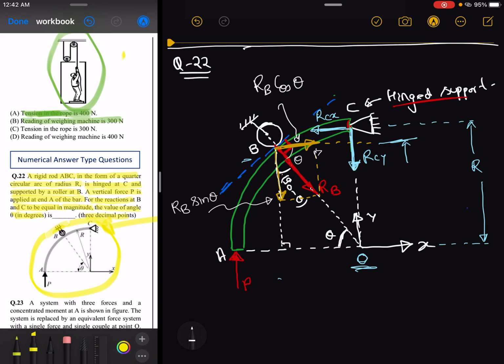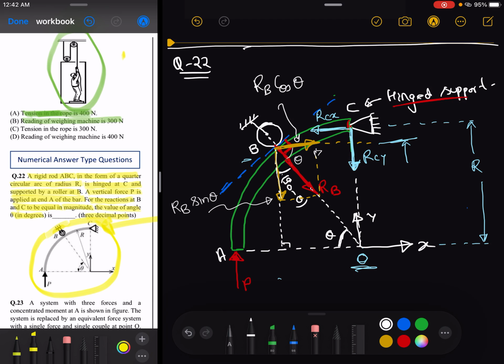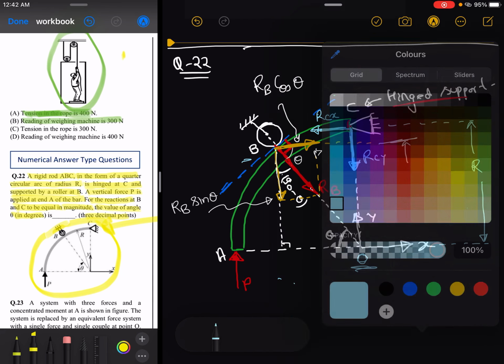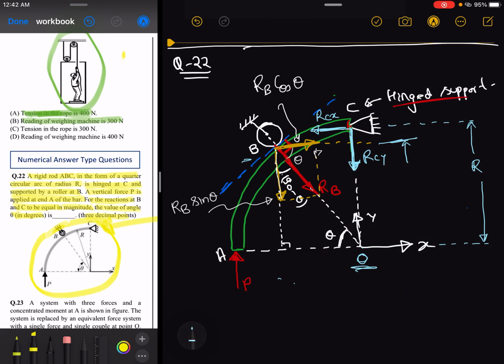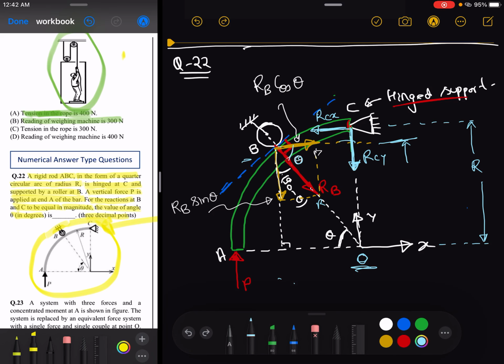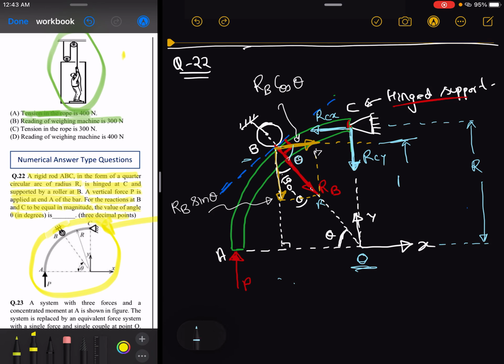So if you observe carefully, this length will become R cos theta, and this length will become R sin theta, because this is R and this is angle theta. So this will become R sin theta. So this is all about the figure.